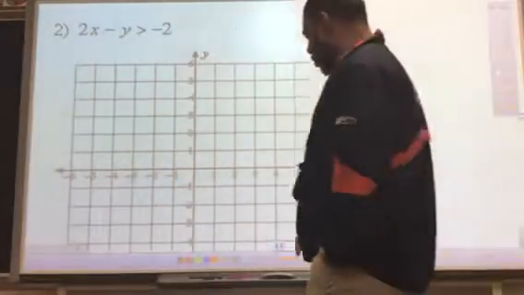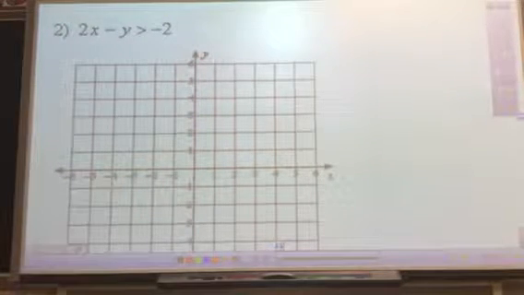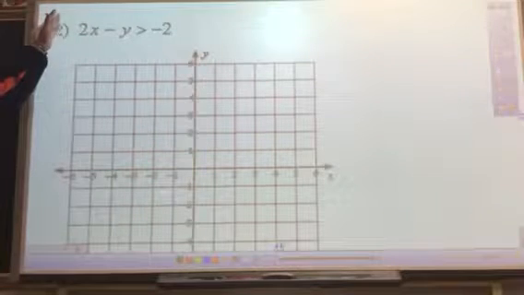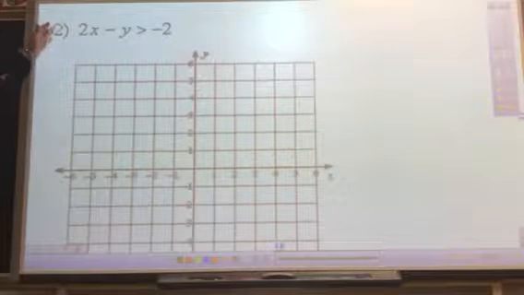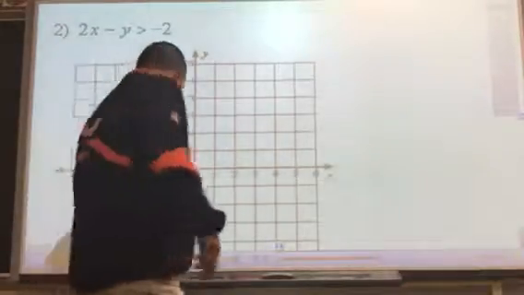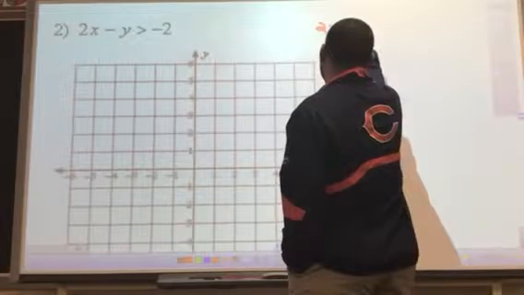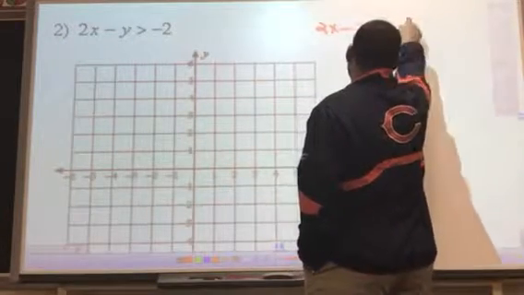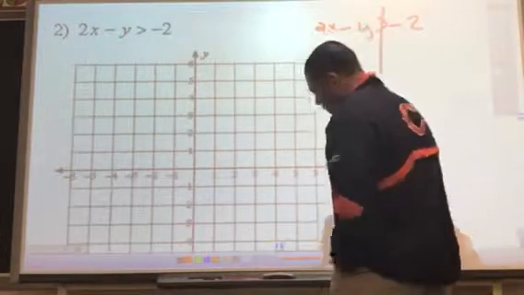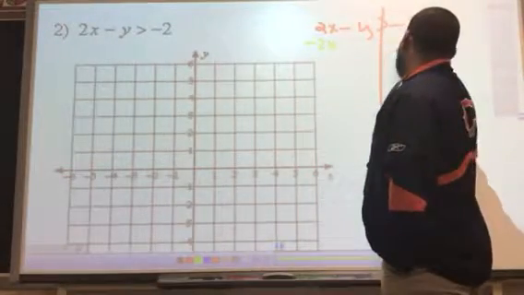Now let's look at number 2. 2x minus y is greater than negative 2. We've got to ask ourselves, is this in slope-intercept form? And this is not. So the first thing I have to do is put this in slope-intercept form. Minus 2x on both sides.